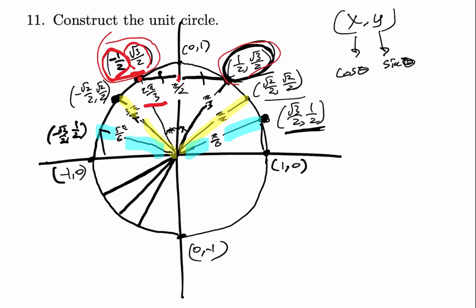We have, in the denominator, 3, 4, 6. But in the first quadrant, it's all pi. Second quadrant is 2 pi, 3 pi, 5 pi. So in the second quadrant, the numerator is 1 less, but we still have to multiply by pi. Okay, so that's one way to think about it. Just a tip to memorize, right?